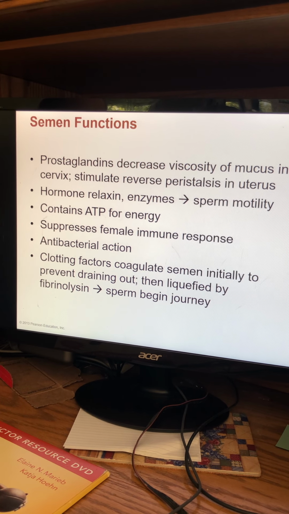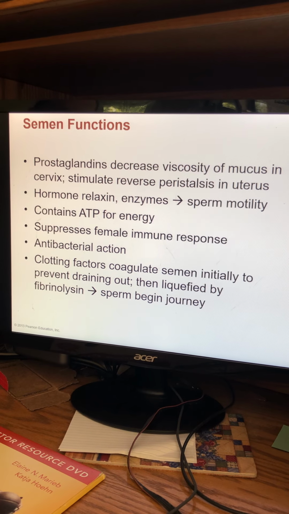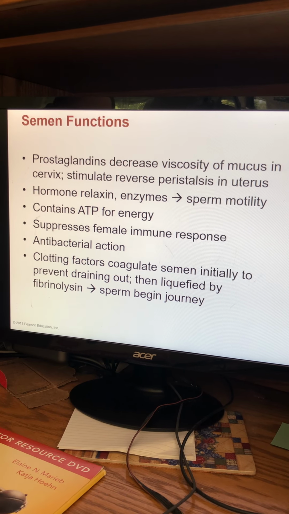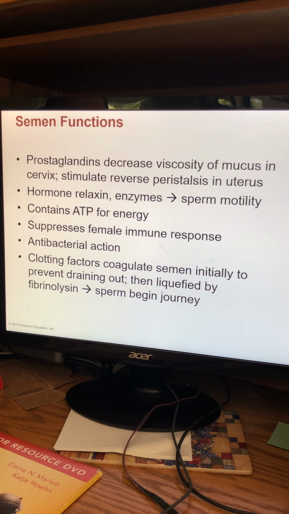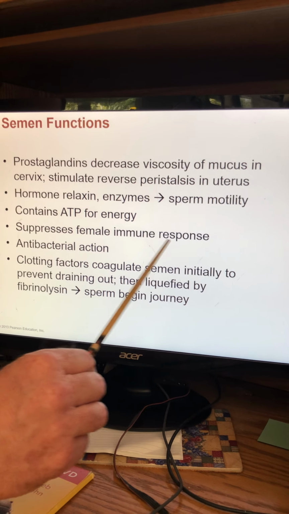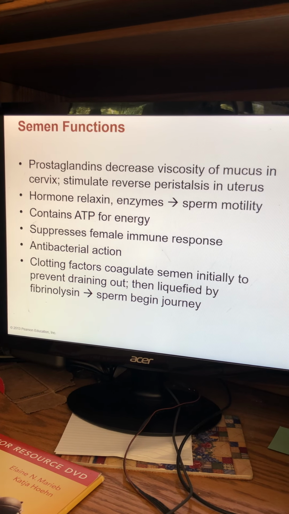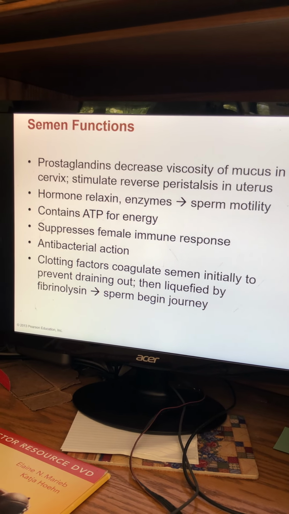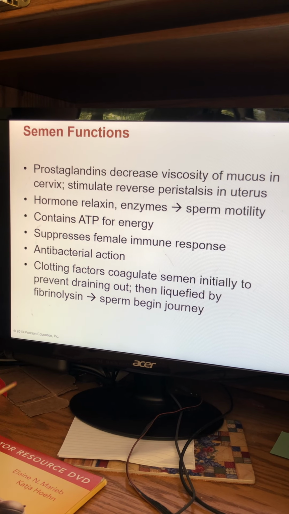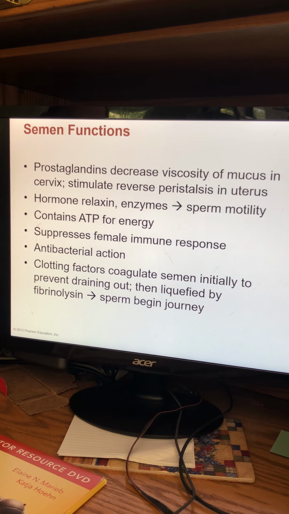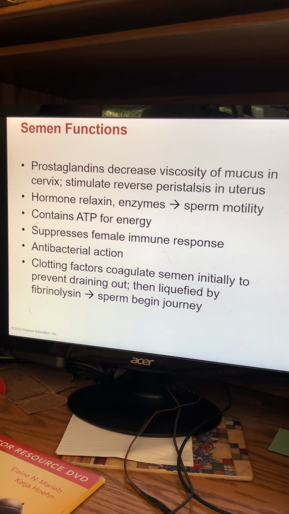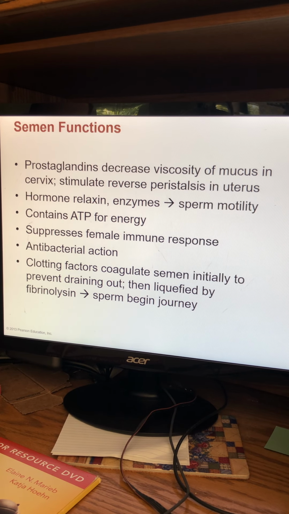Well, we're not going to continue to have babies if every time a female has a penis inside of them, it destroys anything that's been leaked out of them. So the semen is going to try to suppress that female immune response so that you have a fighting chance to at least get that sperm into them. It also has an antibacterial action, and most of you have probably figured out that everything in the body is designed to make sure that bacteria is not going to invade our bodies.